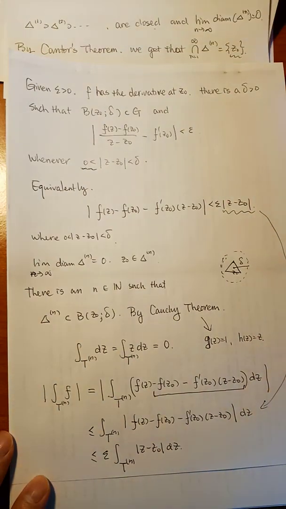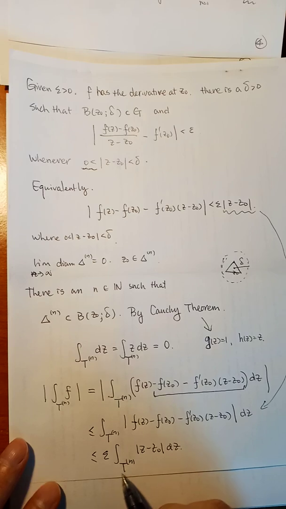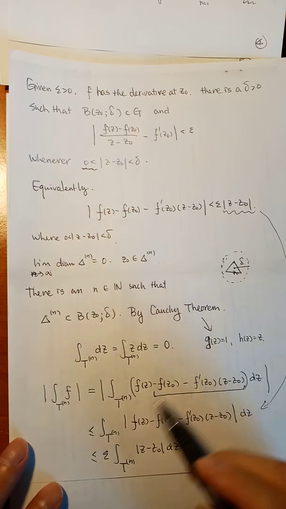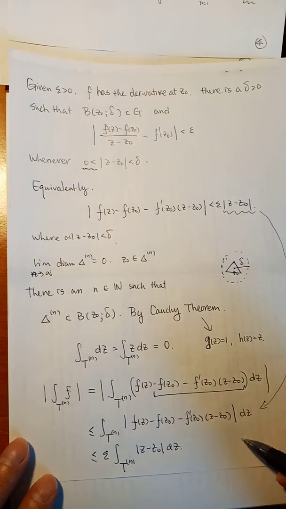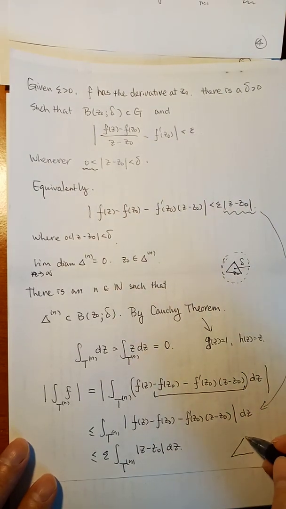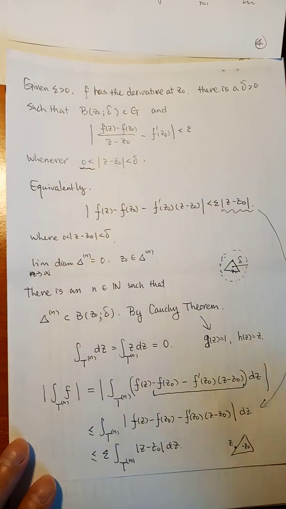Okay, let's continue. z is on the boundary of this delta, z is on the triangle. z0 is inside the triangle, so the distance is less than the diameter.